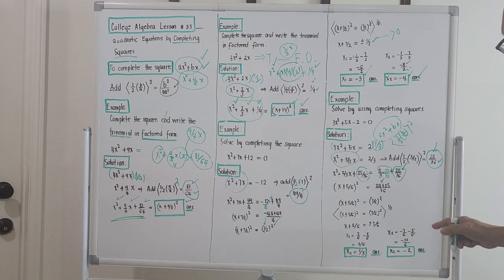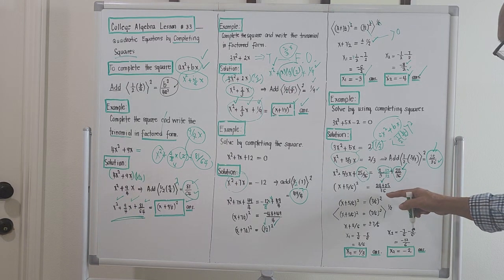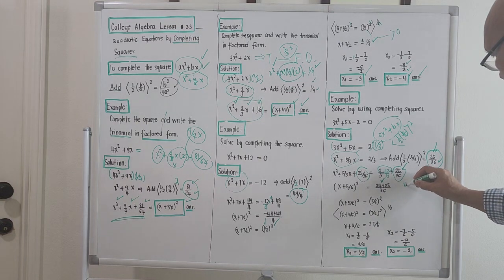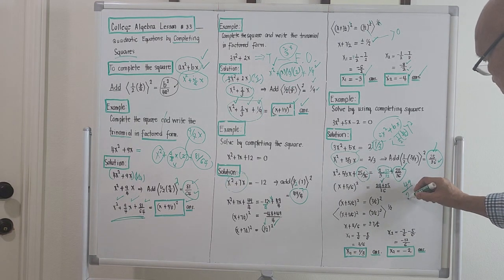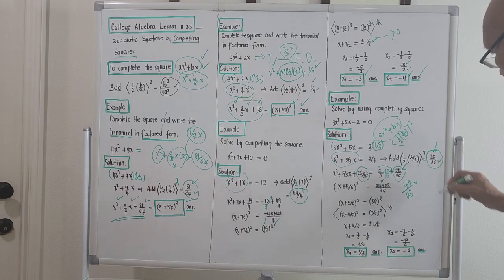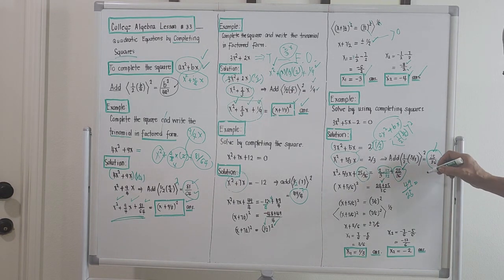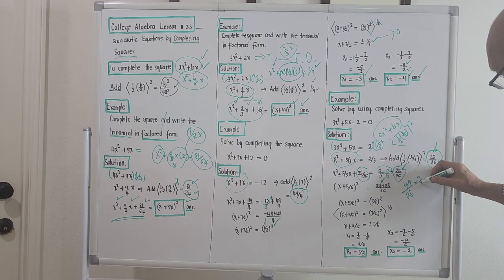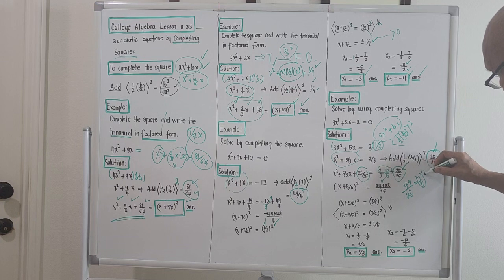The common denominator now will be 3 times 12, which is 36. Okay, 24 plus 25 is 49. This is over 36. And they are both perfect squares. The square root of 49 will be 7.